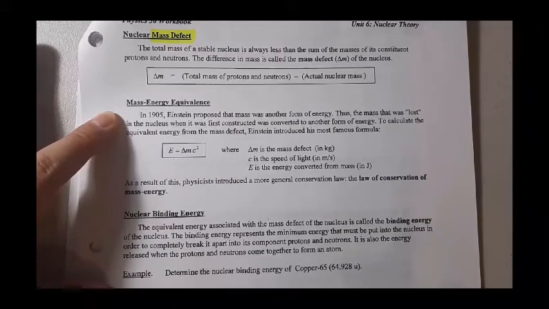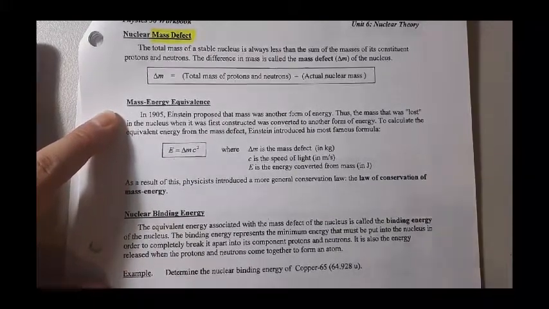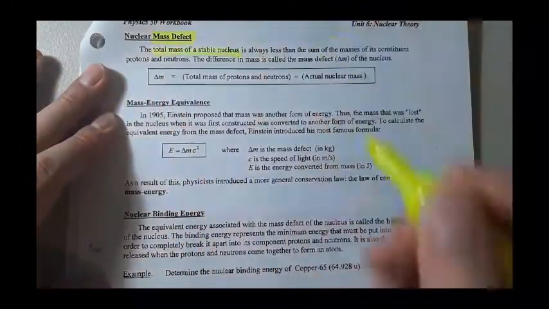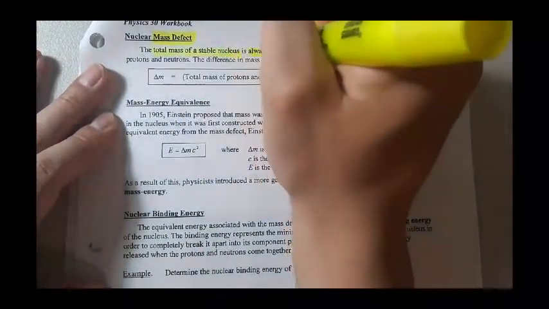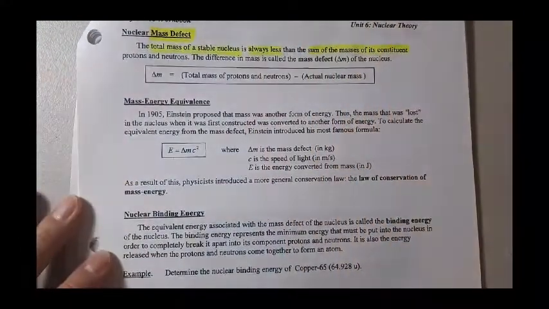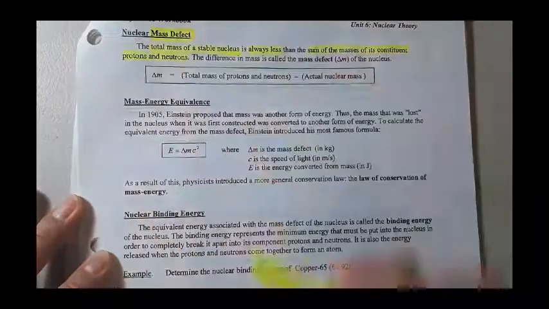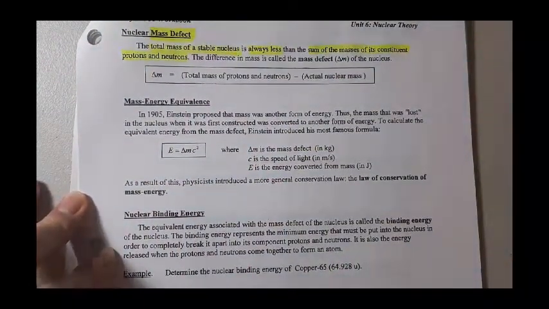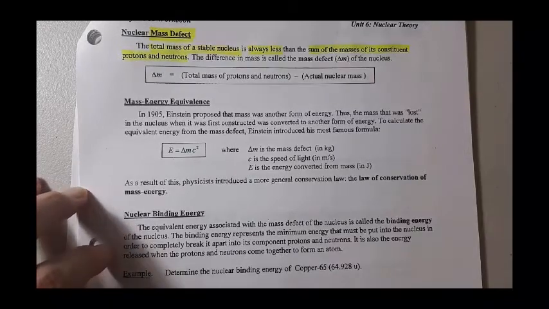So what is a mass defect? The total mass of a stable nucleus, we found, is always less than the sum of the masses of its constituent protons and neutrons. And the difference of that mass, people don't know why there's a mass difference.